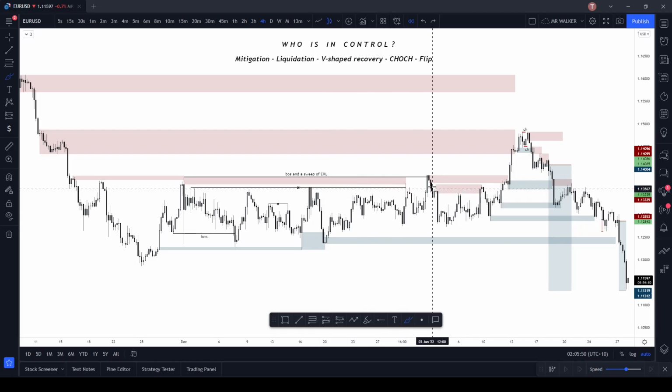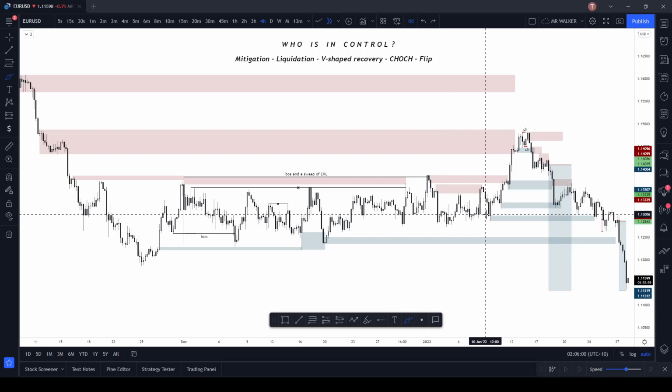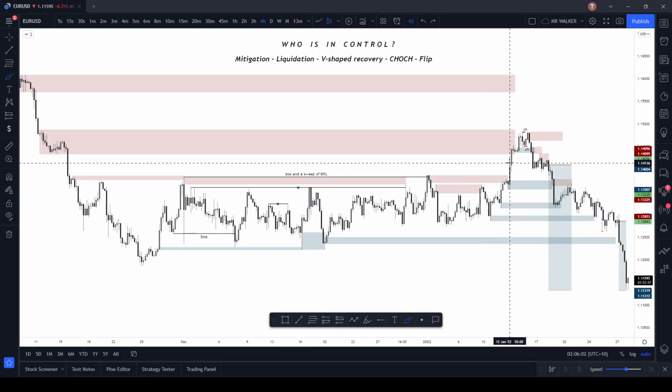And then after that, we had a little retracement, but after that, of course, as you can see, we had buying pressure with impulsive buying candles, right? So this was bullish pressure, right? But I mean, it doesn't mean that from now on we need to go to the moon, right?